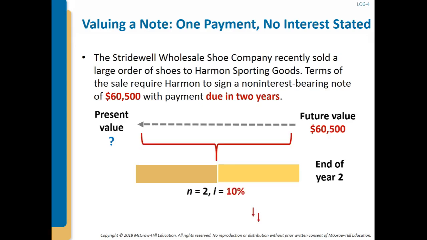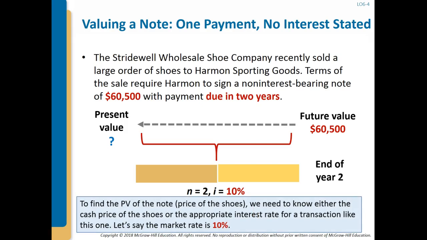While most notes, loans, and mortgages explicitly state an interest rate that will properly reflect the time value of money, there can be exceptions. So consider this slide where even though the agreement states a non-interest-bearing note, the $60,500 does in fact include interest for the 2-year period of the loan.